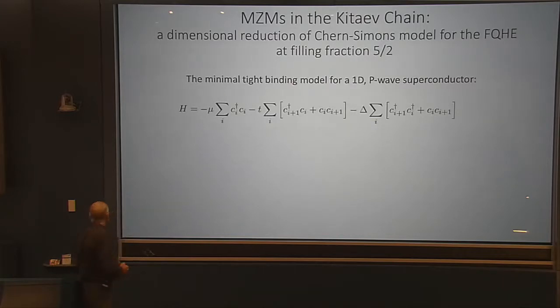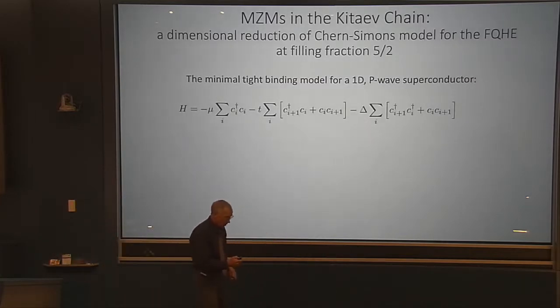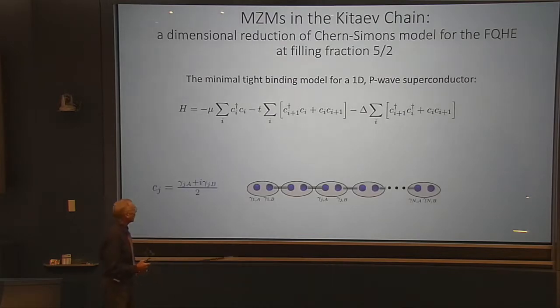The first term is a potential term, and this is a hopping or kinetic term, and those are superconducting terms. What it can be visualized as is that if you take the annihilation operator and break it into real and imaginary parts, these are so-called Majorana operators, which are Clifford algebra generators.